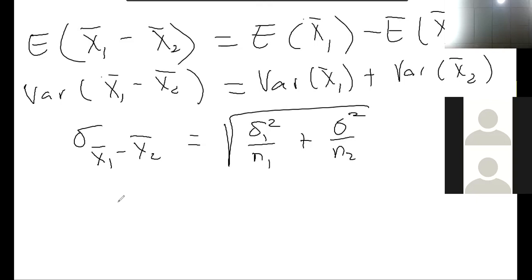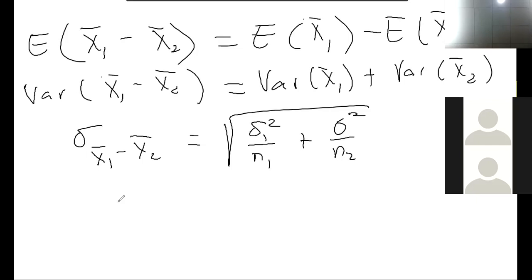For a single one, it was the square root of sigma square over n, and it gave us sigma over square root of n. For a single one, the variance of x bar was sigma square over n, and its square root was sigma over square root of n.